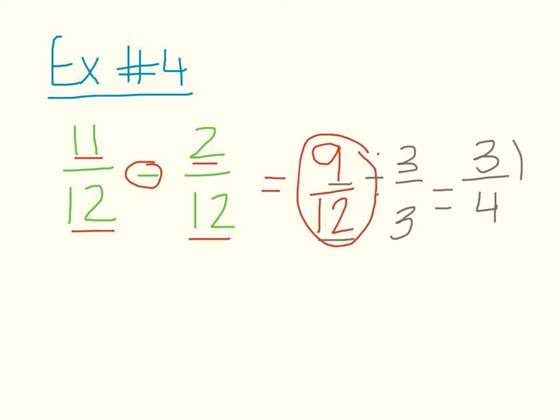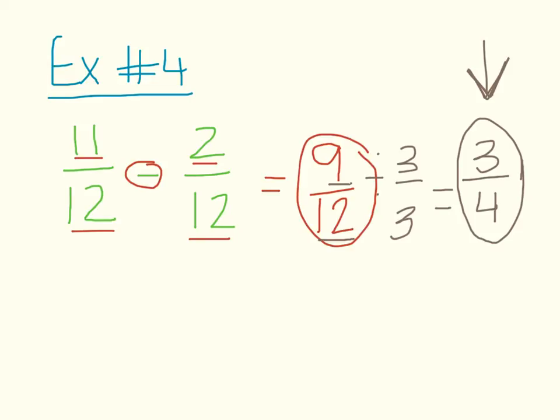So my answer in simplest form is 3/4. And that's what we're looking for all the time, simplest form. You always want to get fractions in simplest form. So you just have to see what your numerator and denominator can both be divided by evenly.